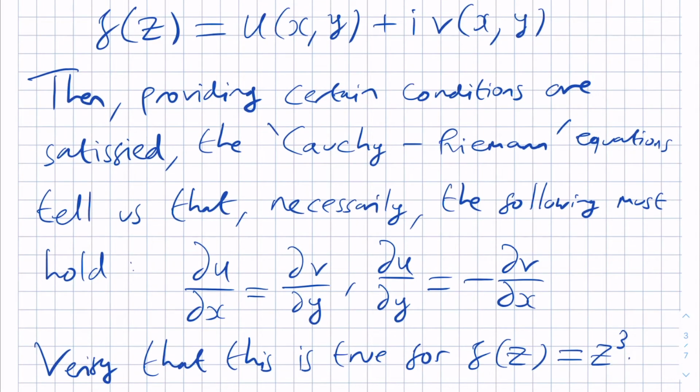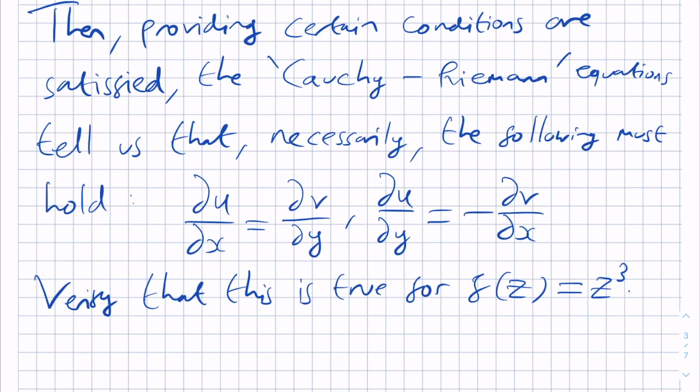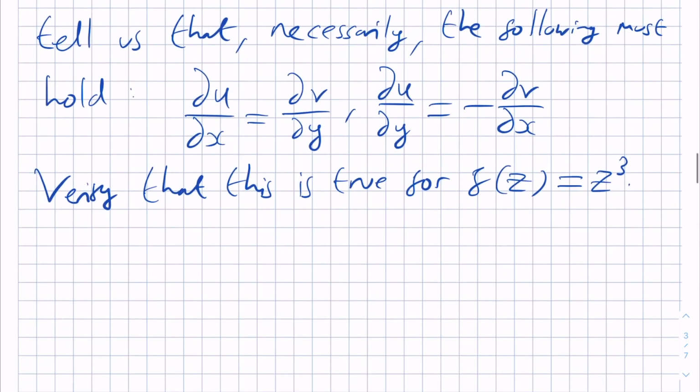Then, providing certain conditions are satisfied, the Cauchy-Riemann equations tell us that necessarily the following must hold: du/dx is equal to dv/dy, and du/dy is equal to minus dv/dx. The question is to verify that this is true for f of z equals z cubed.